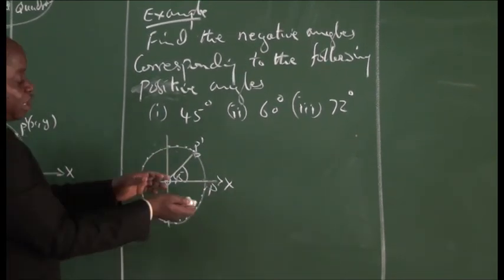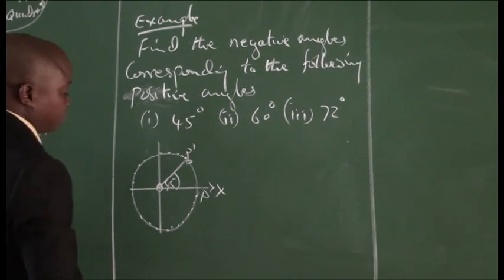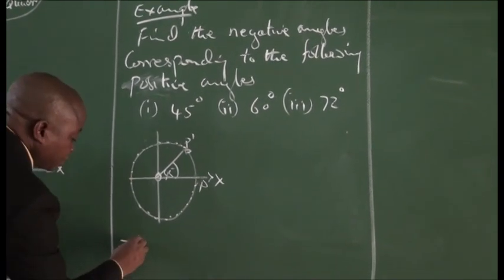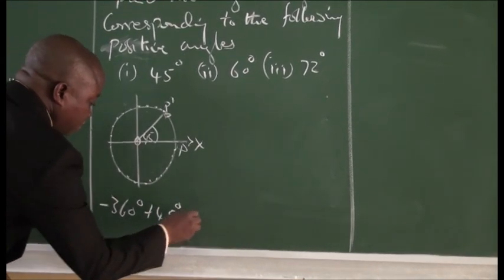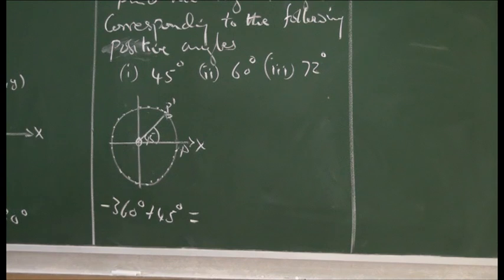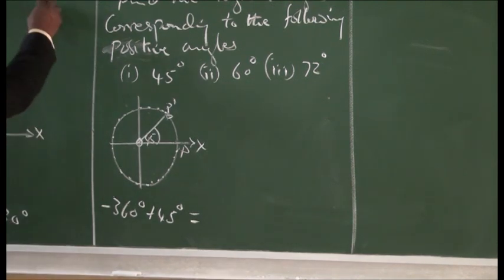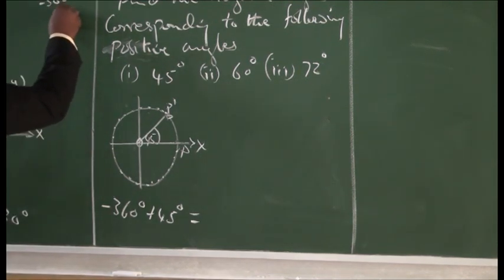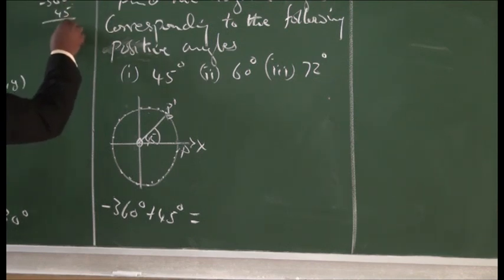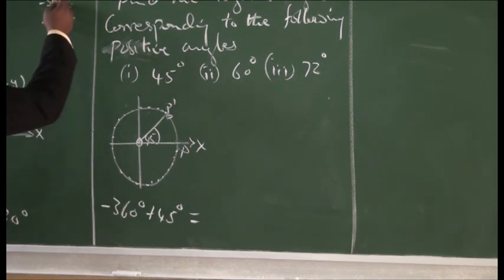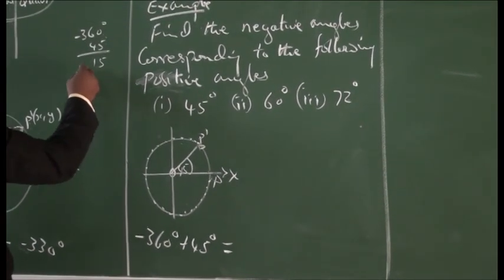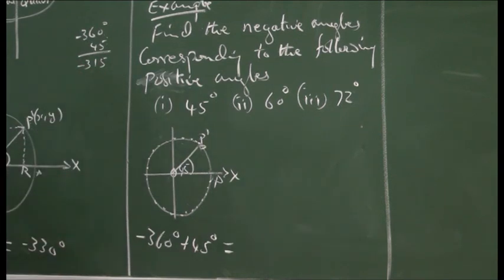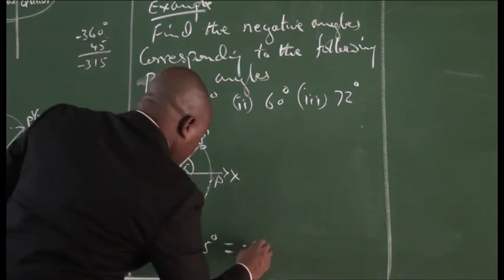But when it moves anti-clockwise, it's positive. So what I will do is minus 360 degrees plus 45 degrees. So I have minus 315 degrees.